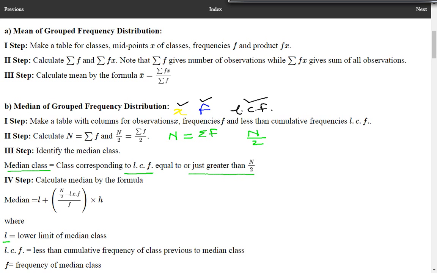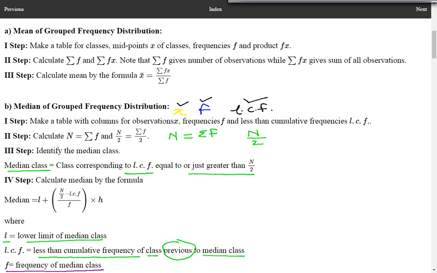Here L is lower limit of median class. LCF is less than cumulative frequency of class previous to median class. And frequency f is frequency of median class.